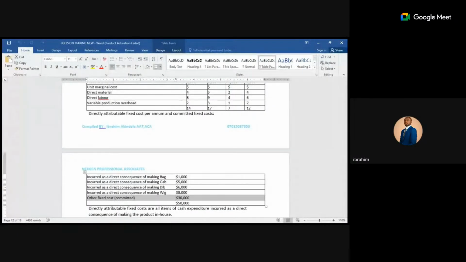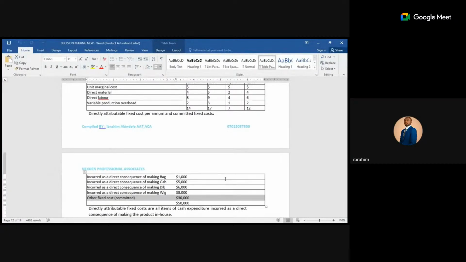The committed costs are costs that are already incurred, so they will not be part of the costs we incur, because whether we produce or we don't produce, we will incur the costs. So it will not form part of our relevant cost.